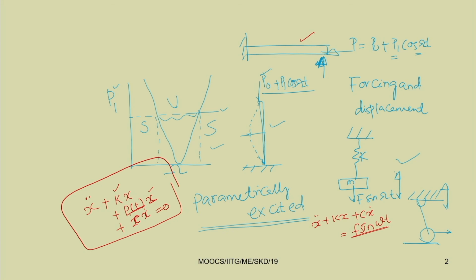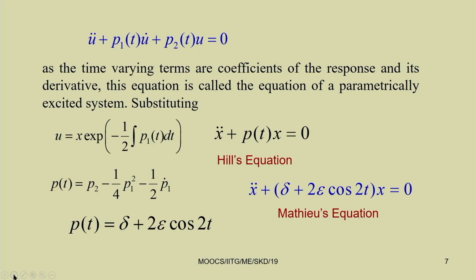Here p(t) is a parameter written as the coefficient of the response of the system, and that is why this type of system is known as a parametrically excited system. Generally the equation can be written in this form: u double dot plus p1(t) u dot plus p2(t) u equal to 0, where p1 and p2 are time varying terms. As the time varying terms are coefficients of the response and its derivative, this equation is called the equation of a parametrically excited system.